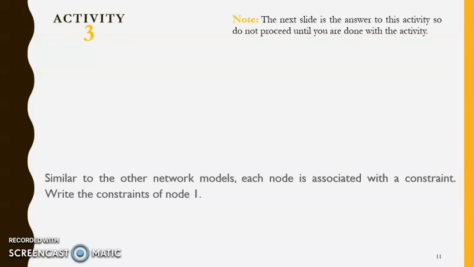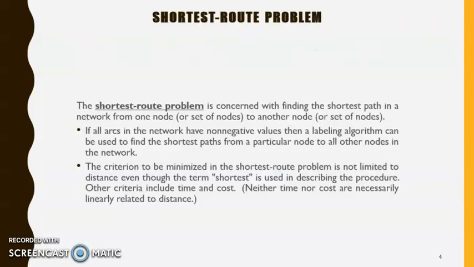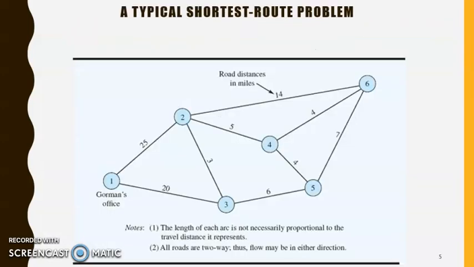Similar to the other network models, as I mentioned before, each node is associated with a constraint. Okay, now it asks you for activity 3, write the constraint related to node 1. Let me give you a hint how to start.